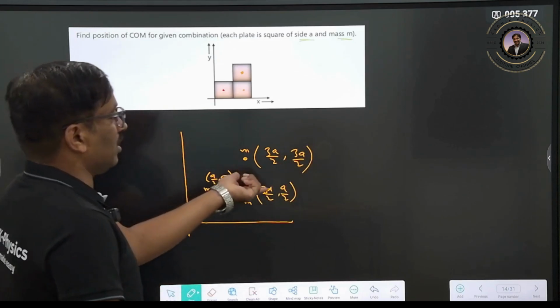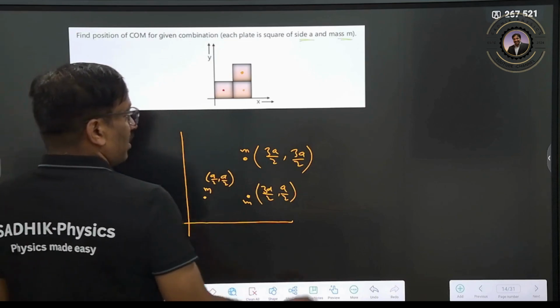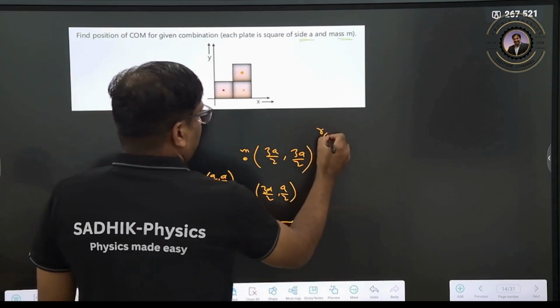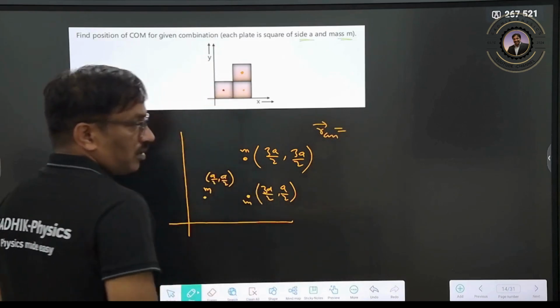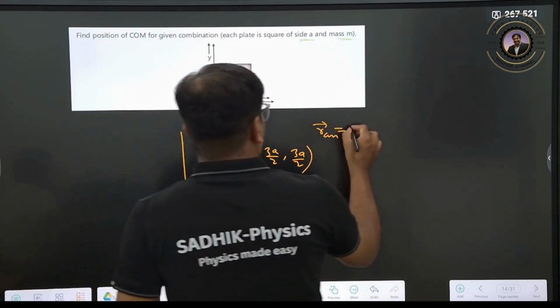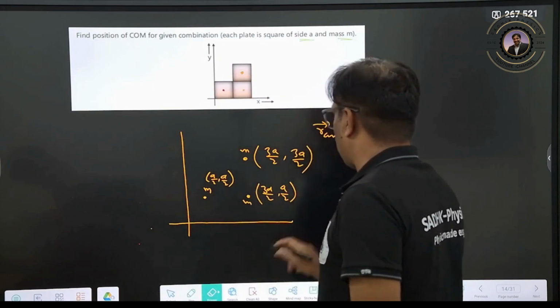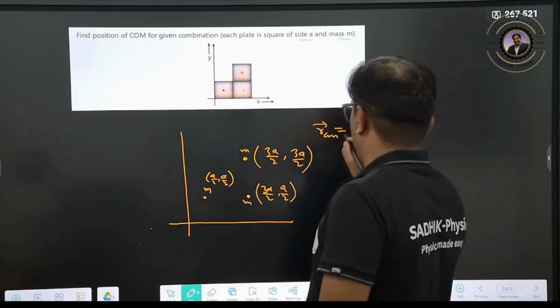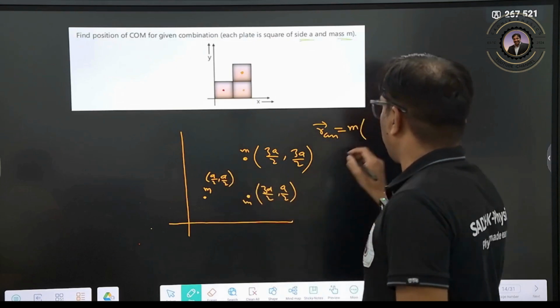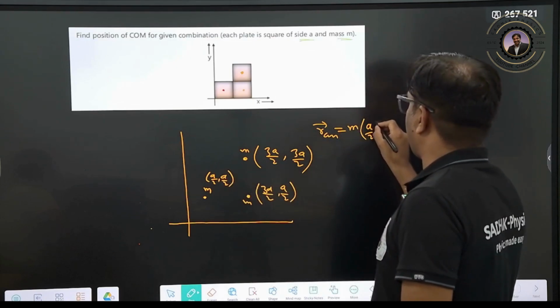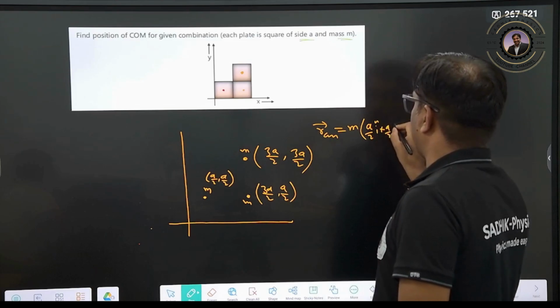Now you have these three masses, so you can calculate R CM. Same question, same concept. Here the mass is m into a by 2 i cap plus a by 2 j cap for this one.